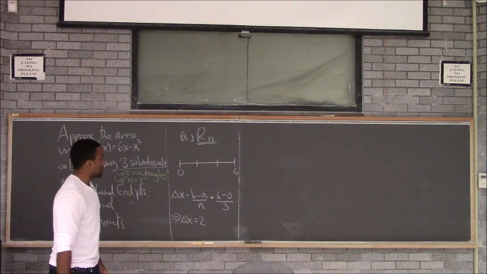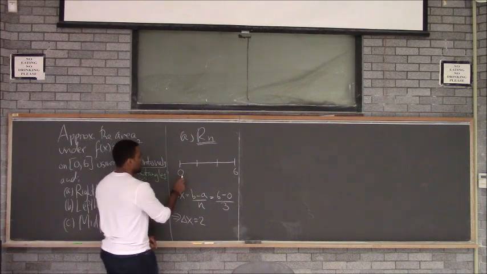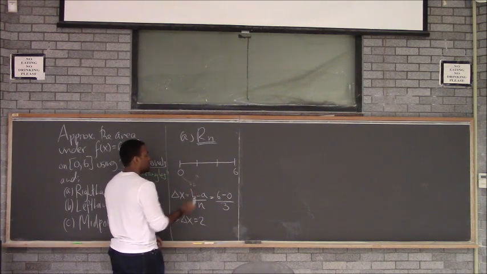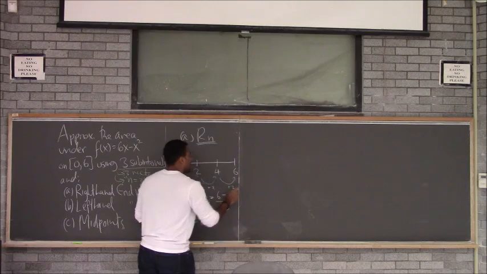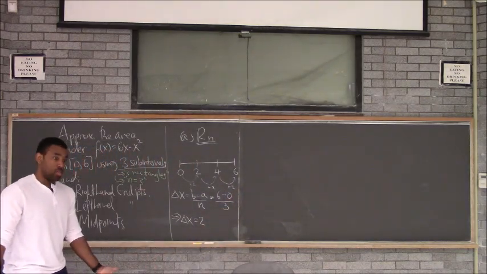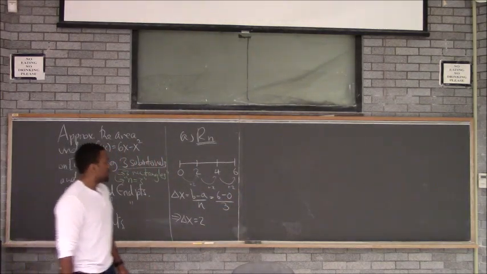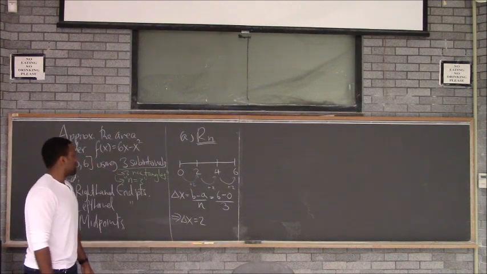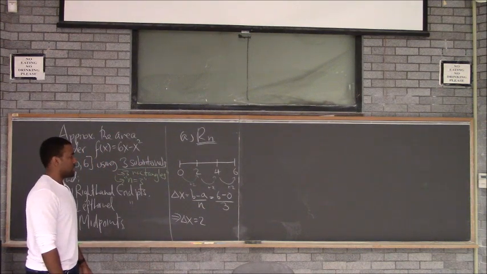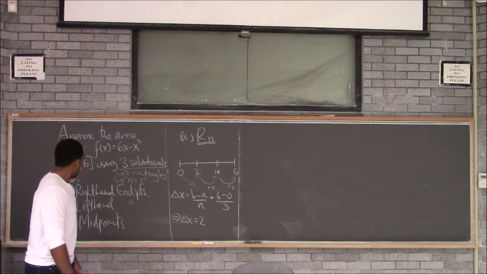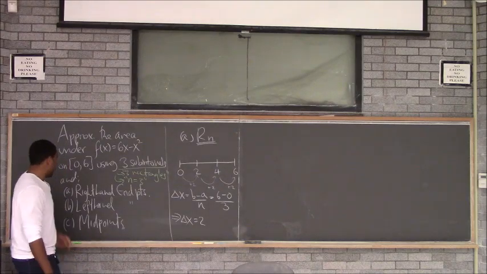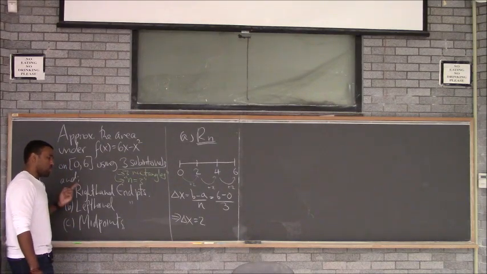What that tells me is that the jump from each one to get to the next one is going to be 2. So that's going to be 2, then 4, right? Because I keep adding 2. And you'll see in the last situation, I end up with 6. So that's my delta x, and that allows me to fill in this interval. Now I just want to know which of these x values are important for me. That all comes down to which rule I am thinking of.